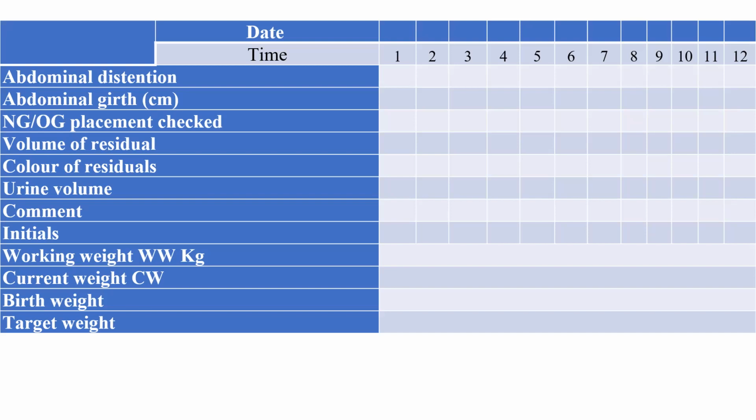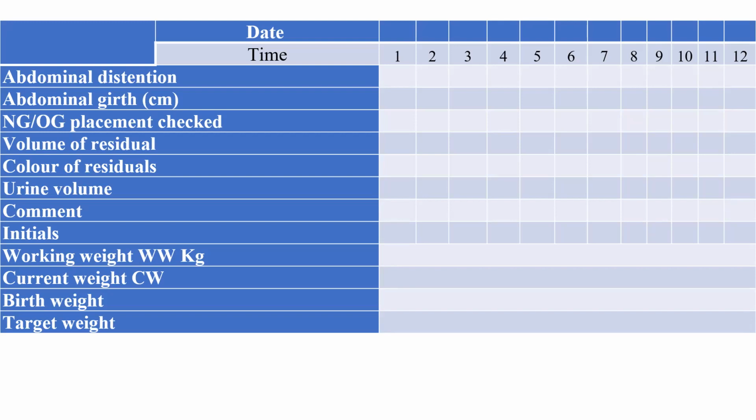For example, if the birth weight is 1,150, the nearest number is 1,120. So 1.2. You mean 1.2 is the working weight? Yeah, exactly.